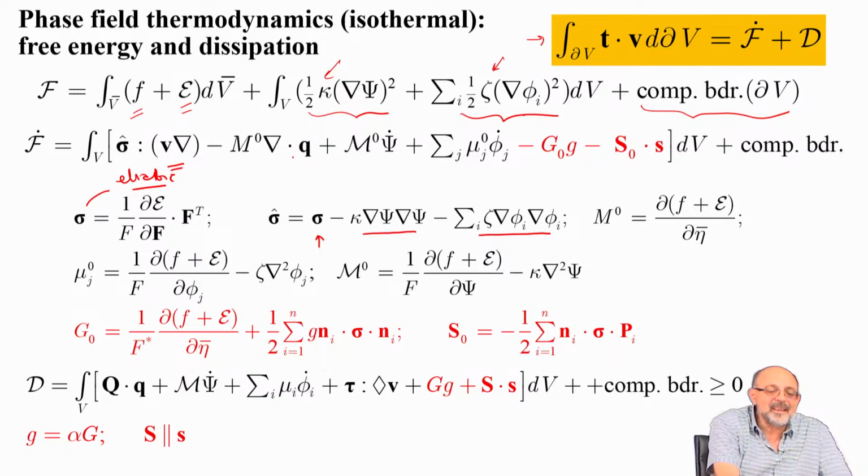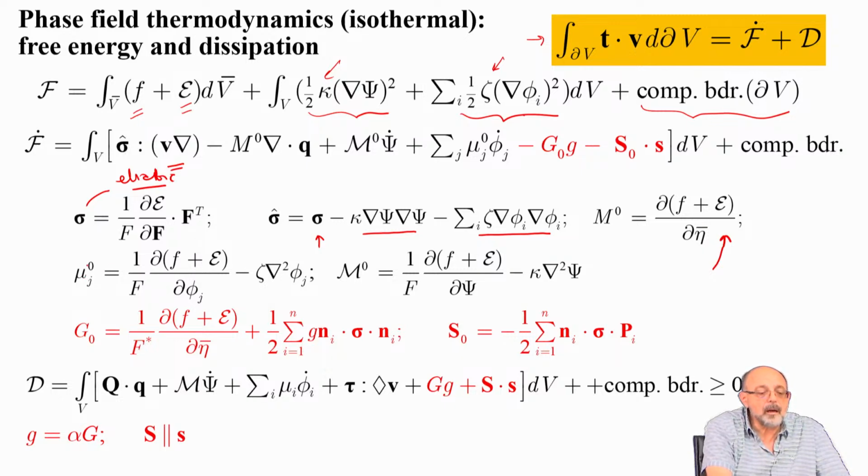My diffusion flux will have a conjugate, m naught, a potential energy conjugate, which is just the rate of change of f with respect to eta. The rate of change of total energy density with respect to eta.